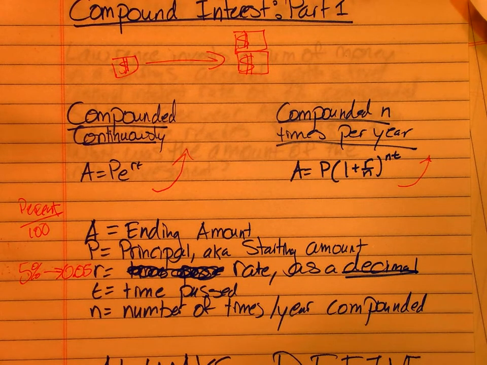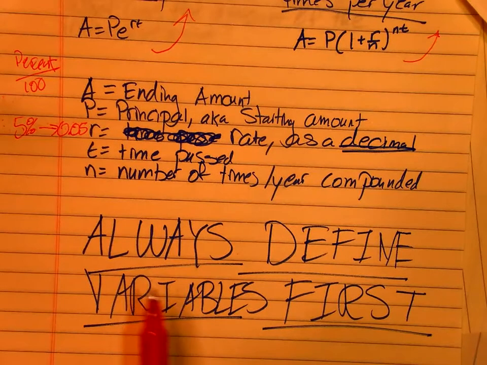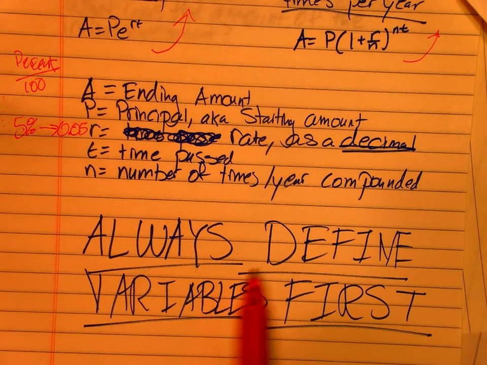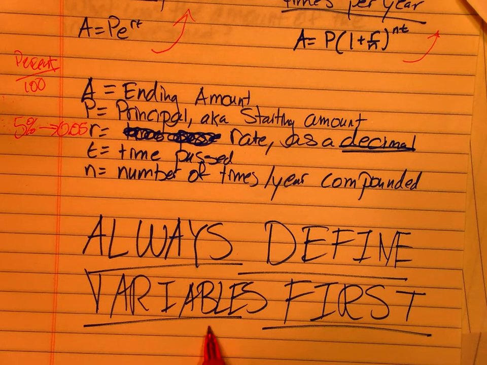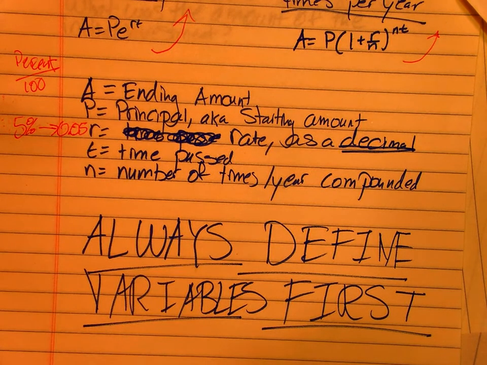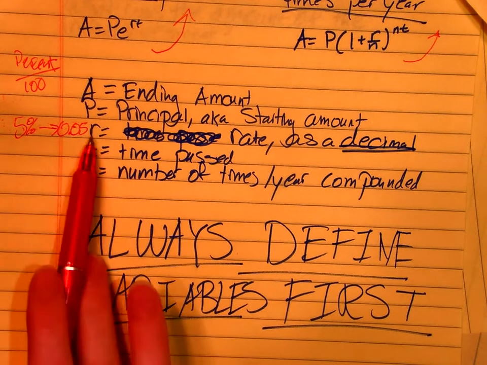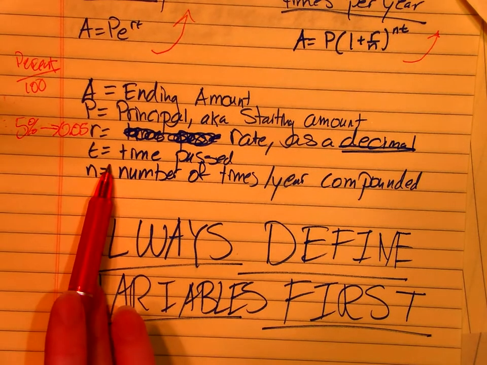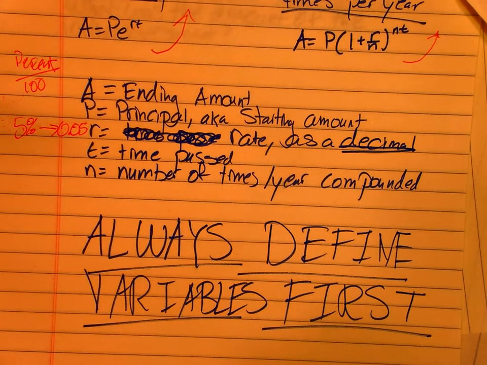Alright, welcome back. Before I move on to actually showing you examples, I want to really emphasize you must define your variables first. I will send your work back to you and make you define your variables if you turn it in to me without all this listed out. I'm about to show you what I mean, but this is your most important step, because after you do this, it's how well do you plug into a calculator and follow all our operations.